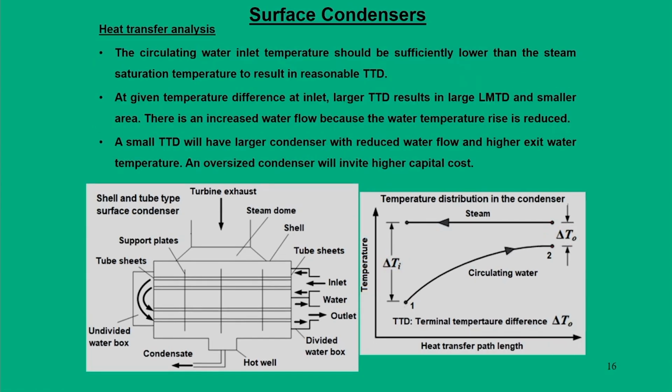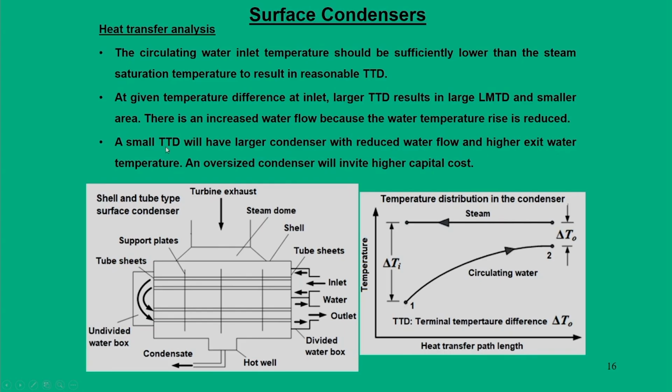The second important aspect is that at a given temperature difference at the inlet, a larger TTD results in a larger LMTD and smaller area, and there is an increase in the water flow, because the water temperature rise is reduced. A smaller TTD will result in a larger condenser area with reduced water flow and higher exit temperatures.